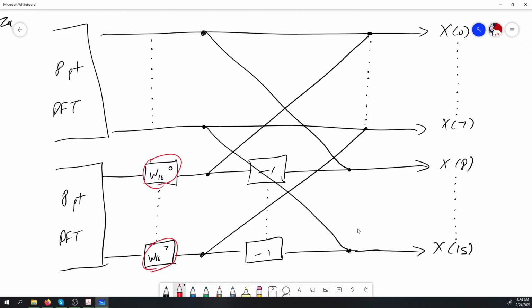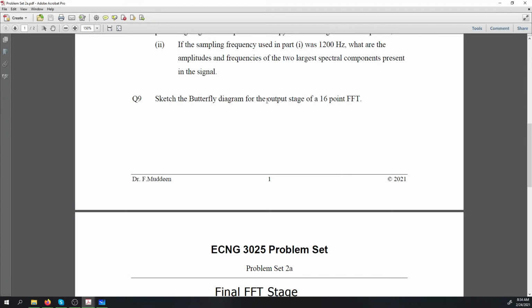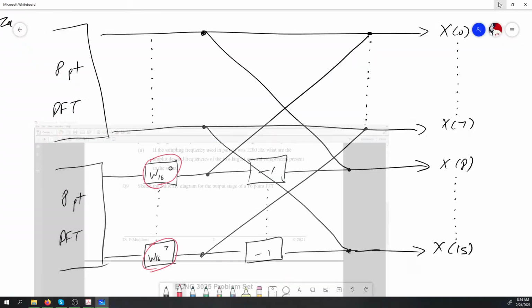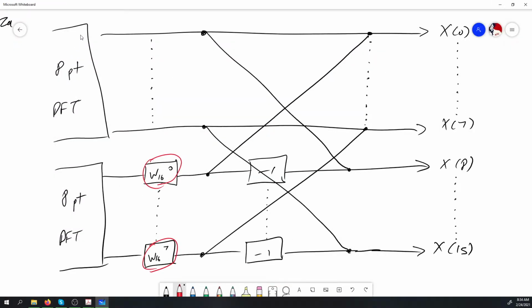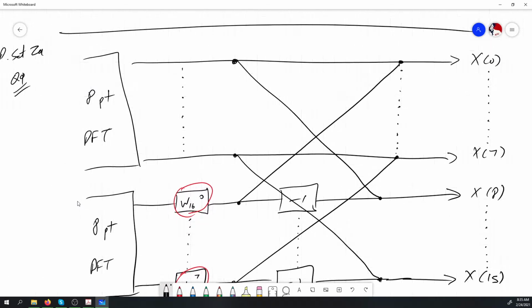So because the question here in particular asked for, let's backtrack here, the output stage of a 16-point FFT, this means this is going to be the final stage of that 16-point FFT. So that's why we have an 8-point here and 8-point here, because this is going to be 2 to the 4.